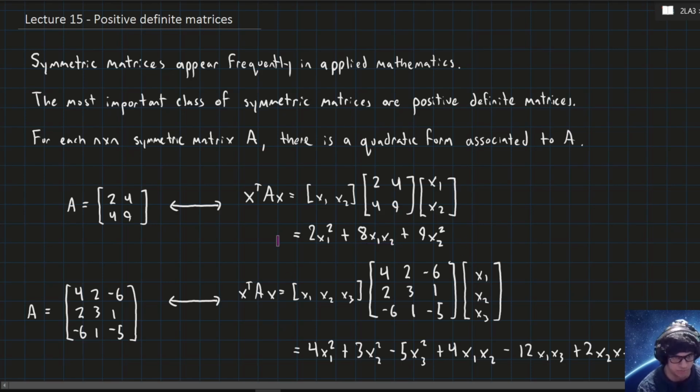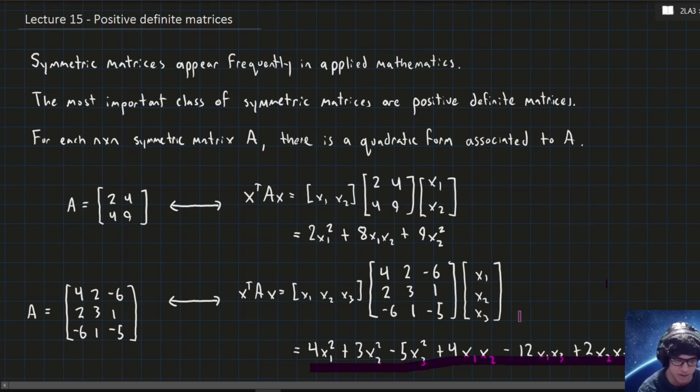It might be more apparent when we look at a bigger matrix. If A is this 3 by 3, and you can tell it's also symmetric, then its quadratic form is this again. Now x has 3 variables, and if we multiply this all out, we'll get a much bigger expression.